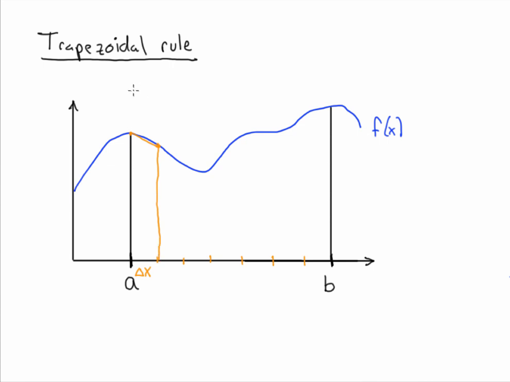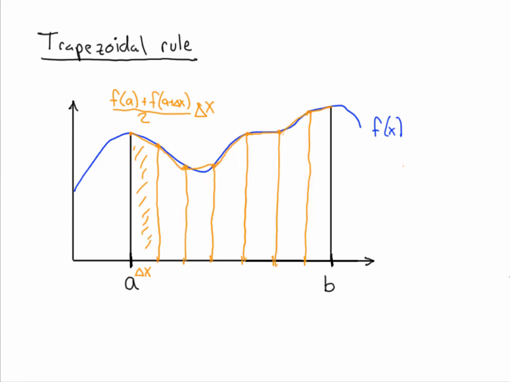And in this case, the area under the trapezoid is going to be f of a plus f of a plus delta x, divided by 2, and then all of that times delta x. And that gives me the area underneath this particular trapezoid underneath this section of the curve.